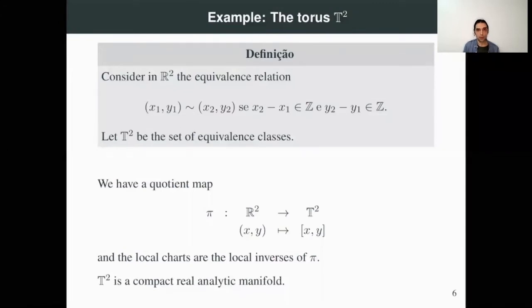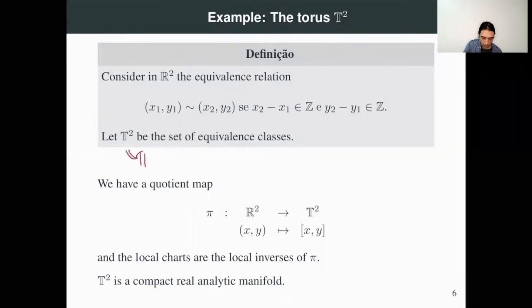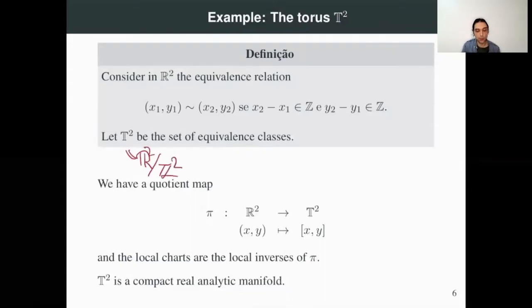So we define the torus T2. We can also use this notation, as a quotient of R2 by Z2, as a quotient of abelian groups.